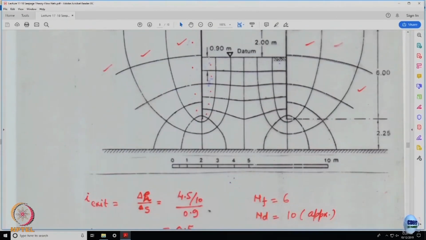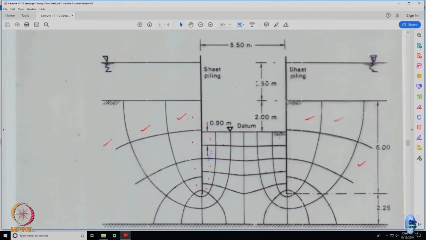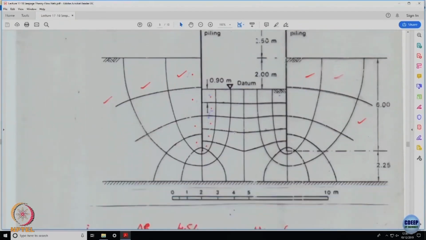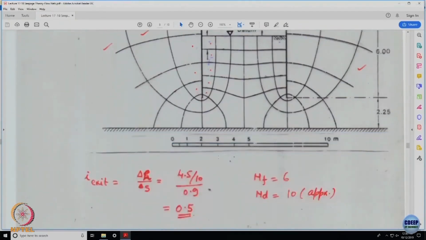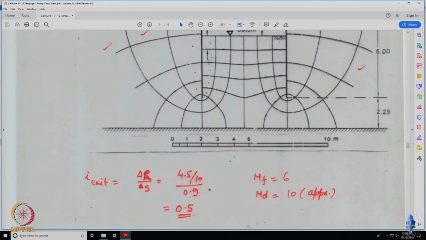This is 0 and this would be total delta H upon 10, because this is a 10th drop, agreed. So, this is 4.5, since 2 plus 2.5 is 4.5. Starting from the datum, the head drop is going to be 4.5 upon 10, and the length of the element is 0.9 meter. So, the exit gradient is 0.5.